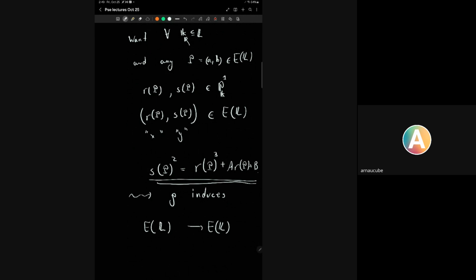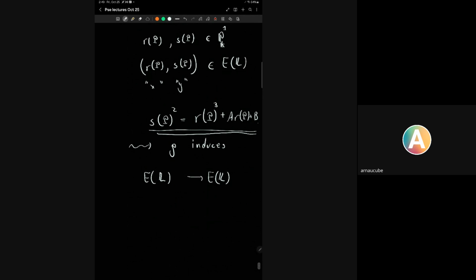And there is a main example of this: multiplication by n is a rational map. I can think of it going from E to E, for any field that contains the field in which E is defined, any extension of it, I can do multiplication by n. So, e.g., multiplication by n is rational.